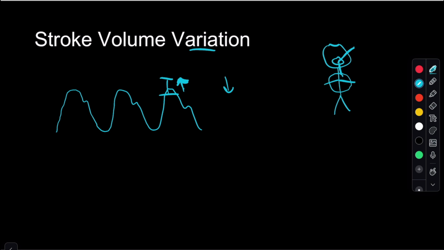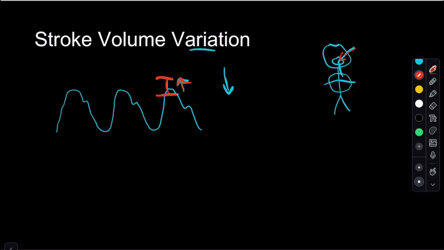So you can imagine that if a patient has a low volume status, so think of a very low amount of blood flowing through the circulatory system into the heart, then when they receive that positive pressure ventilatory breath coming in through the tube, that's going to compress the heart more because the heart has less blood that it's receiving because they're low volume. And then you would see more variation on your arterial line as you're watching this pass through.